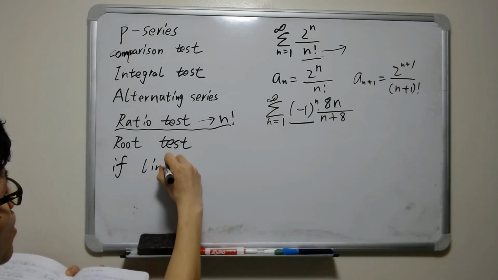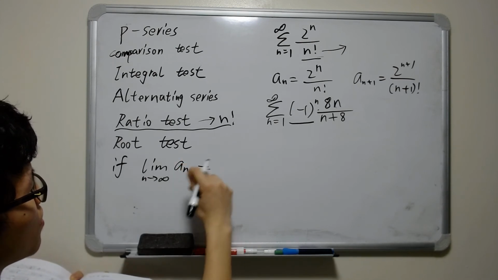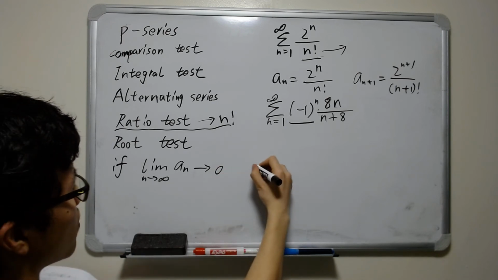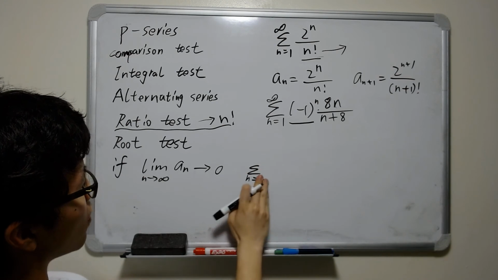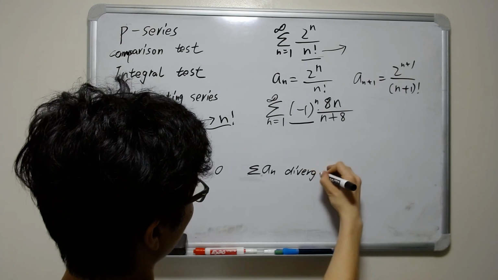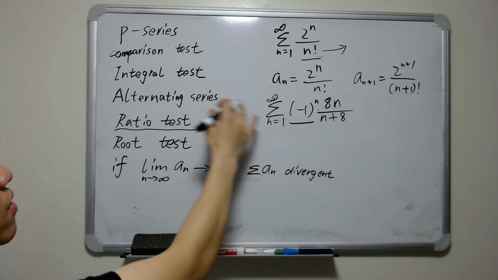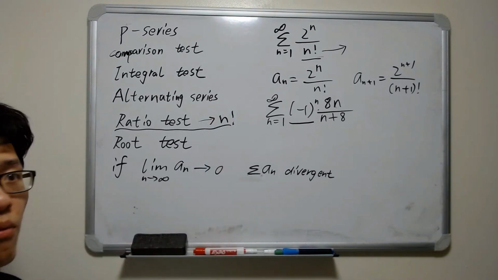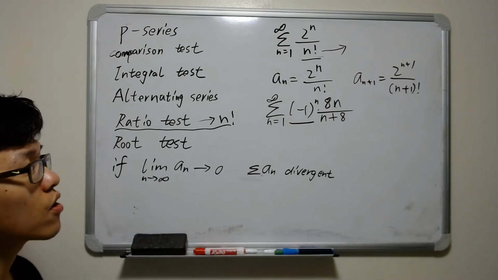If the limit as n goes to infinity of an does not go to 0, then we can say the series an is divergent. So in this case, the alternating series test doesn't work, and we need to find some way to prove this series is divergent.